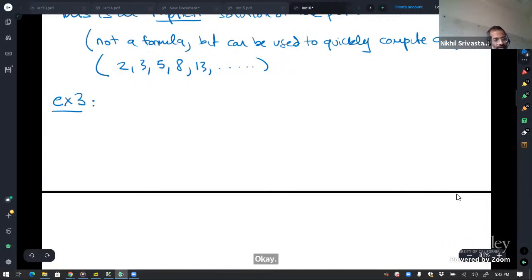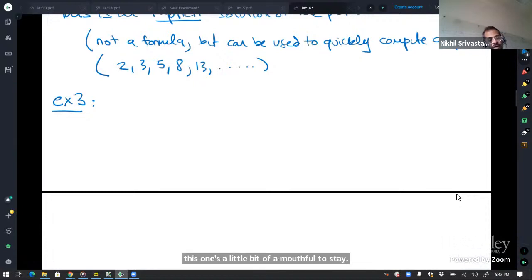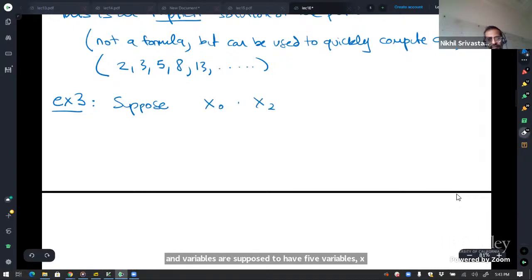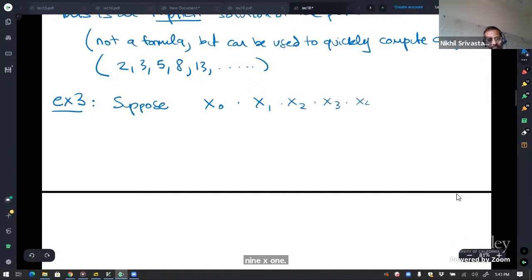This one's a little bit of a mouthful to state, but here it is. So suppose we have n variables, or suppose we have 5 variables: x0, x1, or I guess in this case 6 variables.